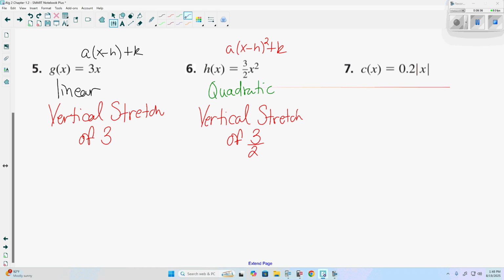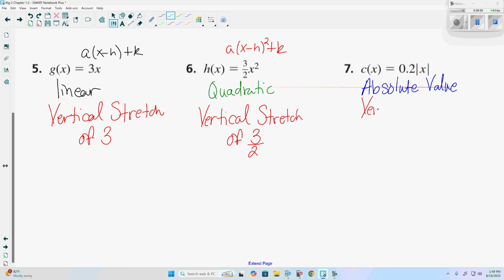Last one. Right here, number 7. 0.2 absolute value of x. Absolute value. Now we need to determine if it's stretch or shrink.